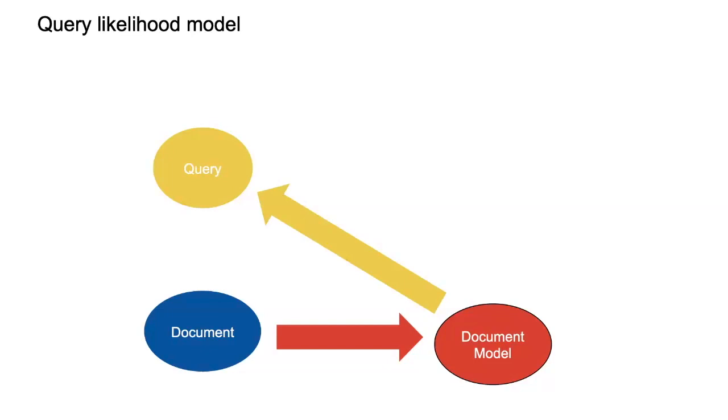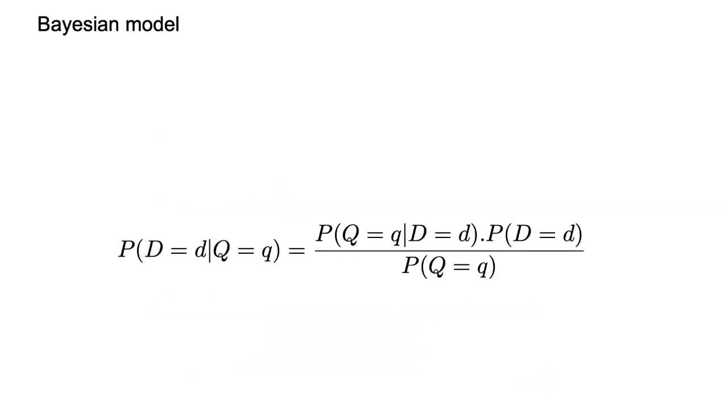So in fact, the idea is this, right? You take the document, you generate a model, it happens to generate the query, and you ask yourself, what is the most likely document that could possibly have by chance generated that query? Now you know that if I ask the question in this way, it's very difficult to answer, right? How could I even tell you which is the most likely document? But you know the magic of the Bayes formula and Bayesian reasoning.